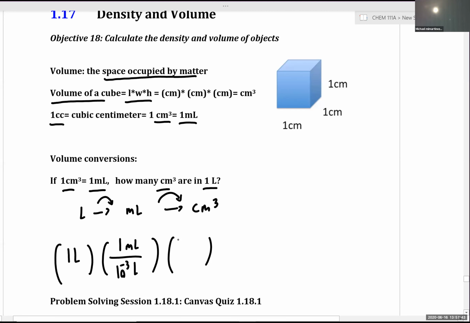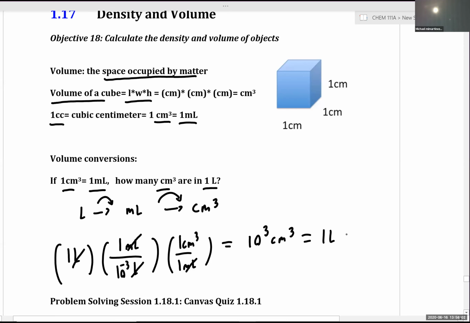Centimeter cubed, exactly right. And we know that we have 1 centimeter cubed in 1 milliliter. Liters cancel, milliliters cancel, and we get 10 to the third centimeter cubed is equal to 1 liter.